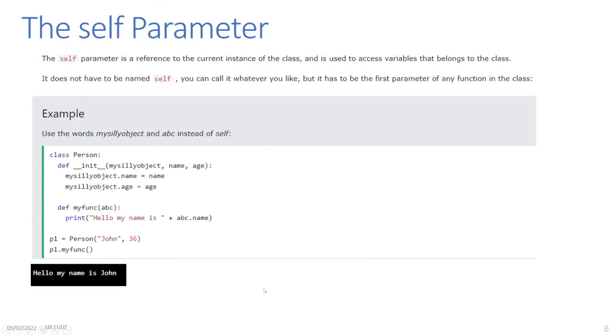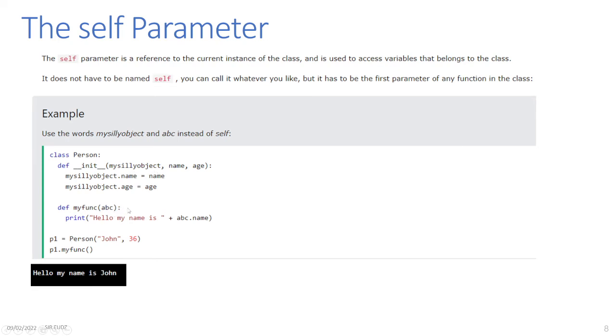The self parameter. The self parameter is a reference to the current instance of the class and is used to access variables that belong to the class. It does not have to be named self. You can call it whatever you like, but it has to be the first parameter of any function in a class. Just like in this case, instead of using self, we use mySillyObject, and here we use abc.